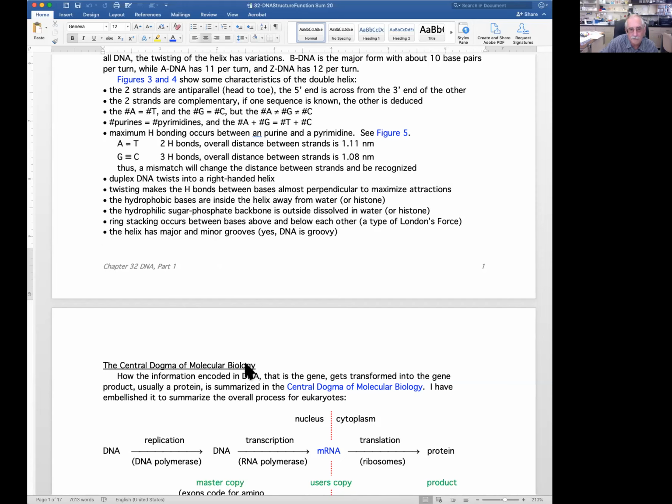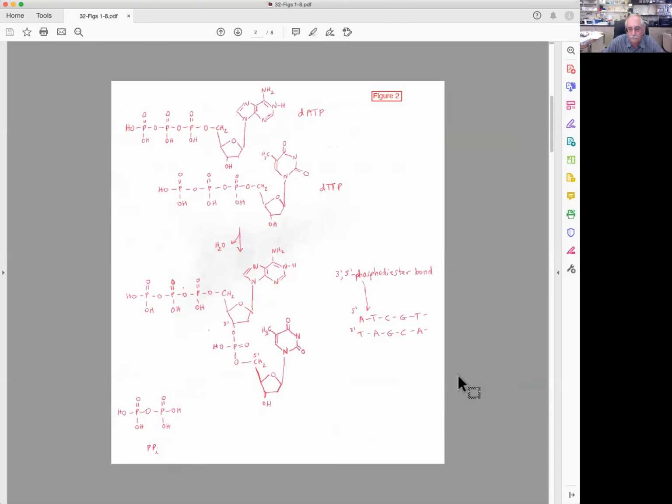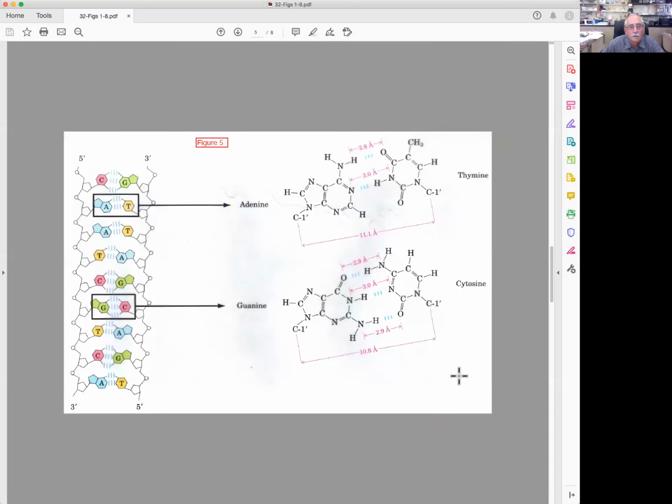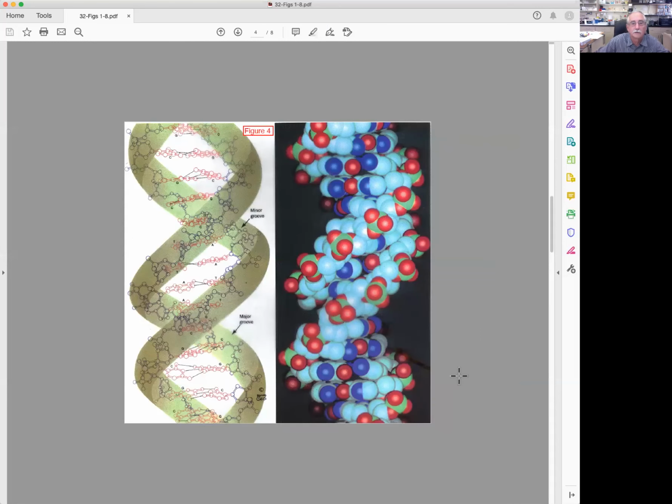So let me go back and explain ring stacking a little bit. Where's the best way to look at it? Maybe here, okay? You see this base right here and that base right there? They are both aromatic. All the bases in DNA are aromatic. And that means that they have delocalized electrons.